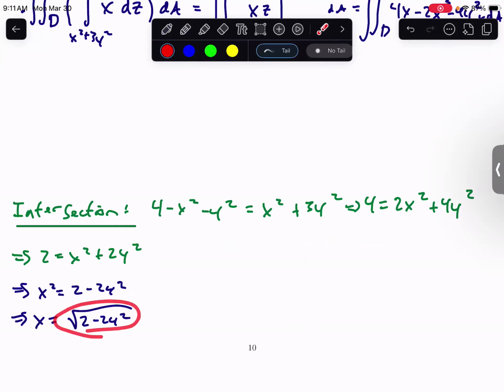And we know it's plus because we're in the first octant, which means we're only considering values of x, y, and z greater than or equal to 0. So this gives us a way of relating x with y, but we don't really know where that's actually going to show up.